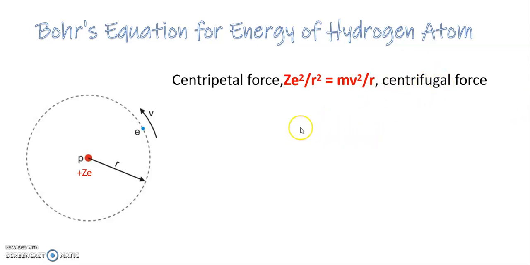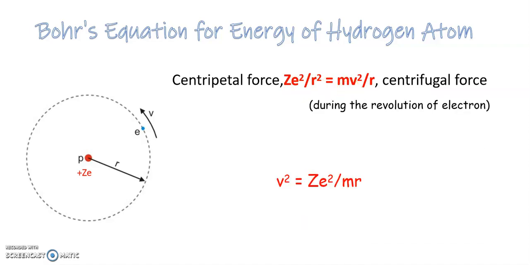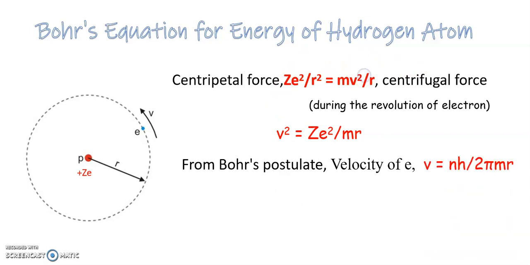Under the influence of these two opposing forces, the electron keeps revolving in its orbit. When these two forces balance, Ze square by r square becomes equal to mv square by r. From this equation, v square can be written as Ze square by mr.